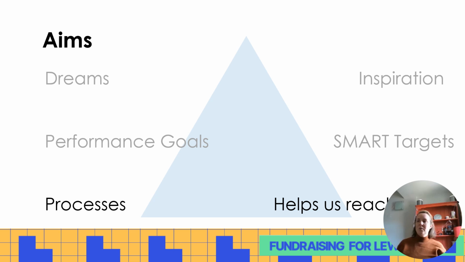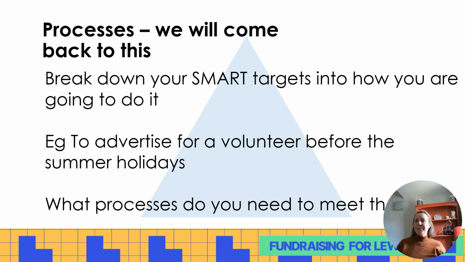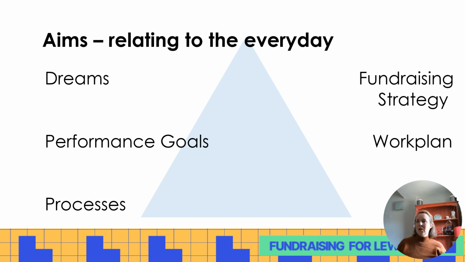So we've done the dreams, we've done the performance goals, which are SMART targets, and now we're moving on to the processes. And it's around breaking down your SMART targets into how you're going to do it. So to advertise for a volunteer before the summer holidays and working out what processes you need to meet these. So relating to the everyday, you have dreams at the top, which is your fundraising strategy.